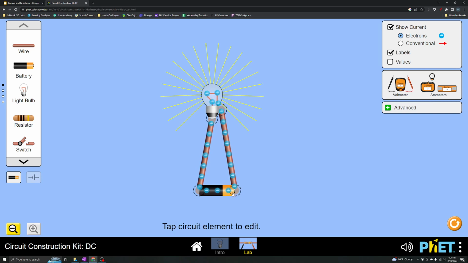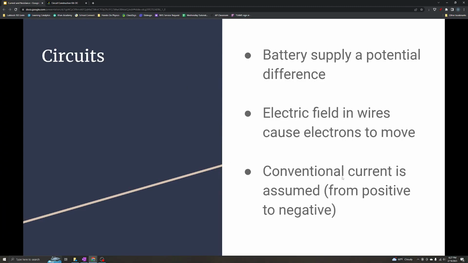However, we didn't actually know that for a long time, and we had figured out a whole bunch of stuff with circuits before then, and we'd already created this convention of thinking about positive charges flowing. And rather than correcting everything, we just said, well, let's just pretend like positive charges are flowing. And so there's an important distinction you have to understand between actual electron flow and what we call conventional current.